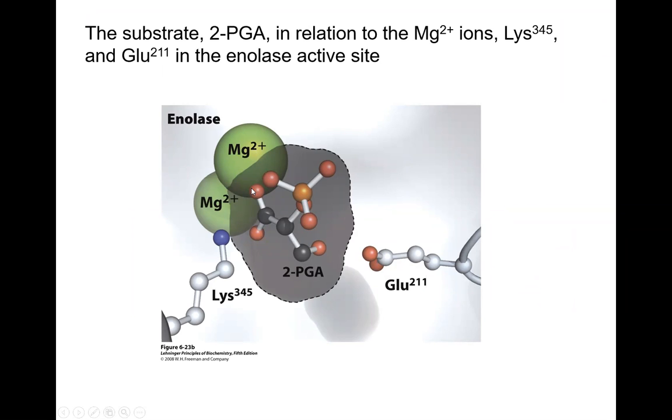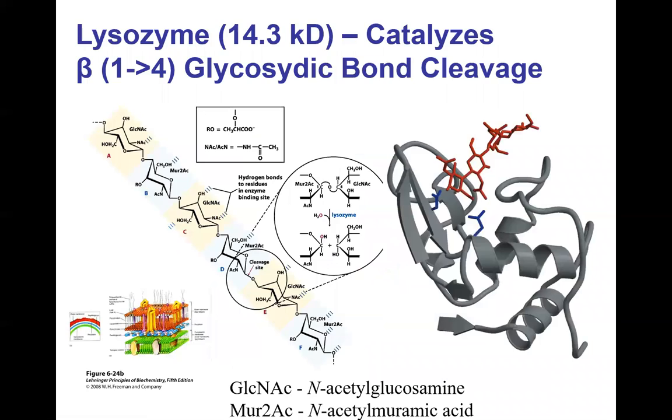And they also see that the 2 residues, lysine 345 and glutamate, are there. Okay, but no covalent interactions between the substrate and those 2. Cool? Okay. Now this brings me to a very interesting enzyme, lysozyme.